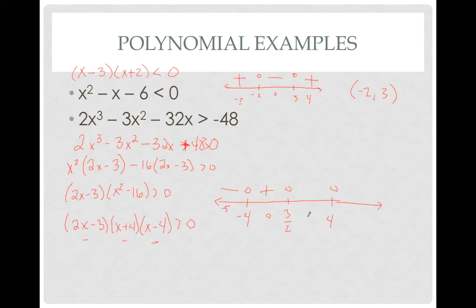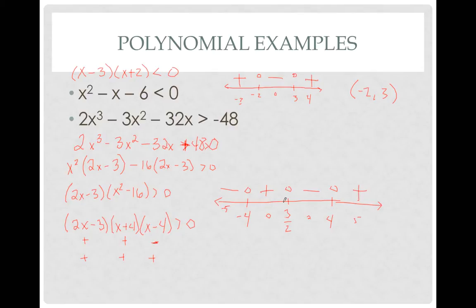Between 1.5 and 4, there's a 2. 2's kind of nice. 2 times 2 is 4, minus 3 is positive. 2 plus 4 is positive, 2 minus 4 is negative, and positive times negative is negative. And over here on this side, I can plug in a 5 to see what happens. 10 minus 3 is positive, 5 plus 4 is positive, and 5 minus 4 is also positive, therefore that product is positive.